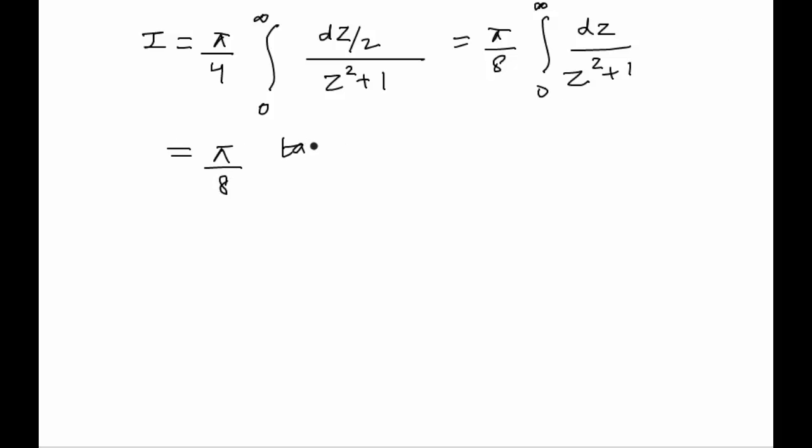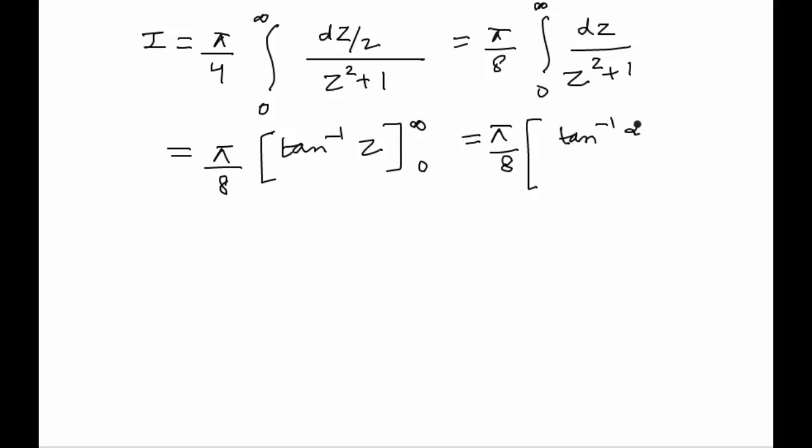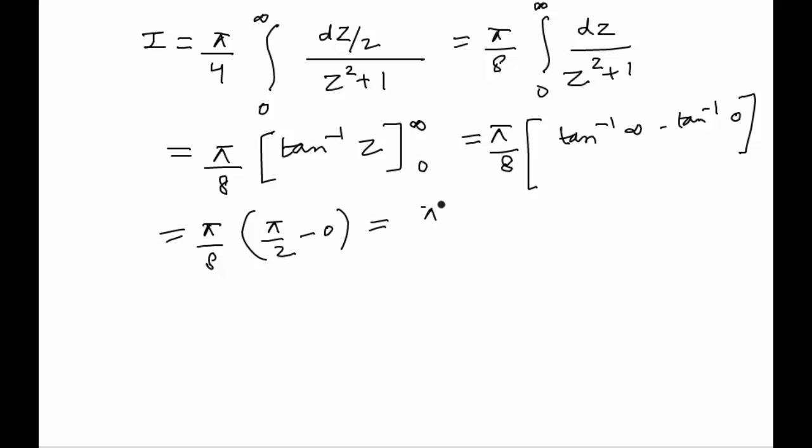So tan inverse z and limits are from 0 to infinity. Putting the limits, pi by 8 times tan inverse infinity minus tan inverse 0. So this gives us pi by 8 times pi by 2 minus 0, which is pi square by 16. So this will be the solution to our question.